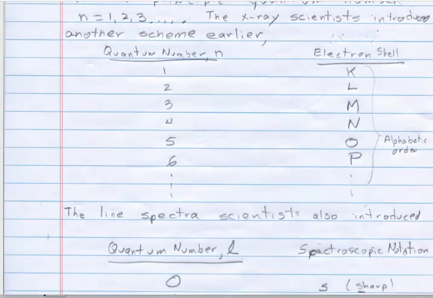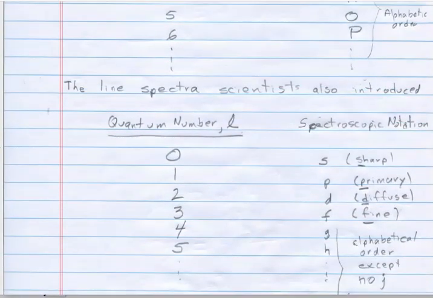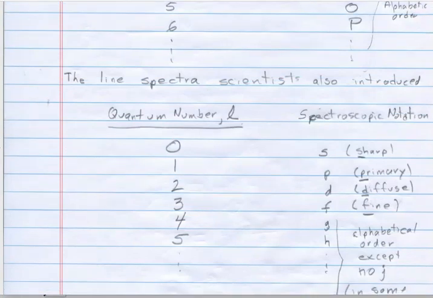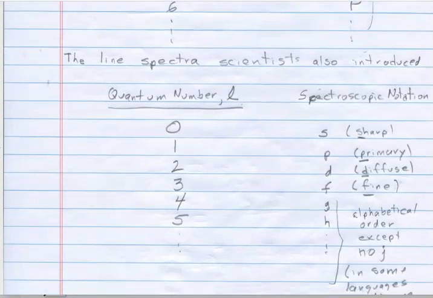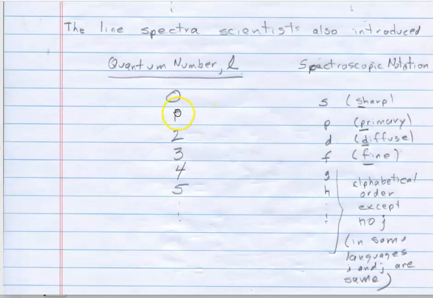People had been studying line spectra since the time of Fraunhofer in the late 1800s, and so they had also introduced some notation associated with line spectra that were observed through their various prism and diffraction grating spectrometers. They had introduced a notation that is related to the orbital quantum number L. And remember, L takes on integer values.